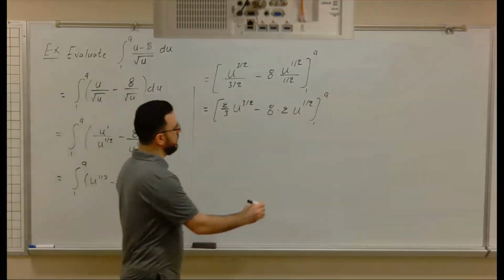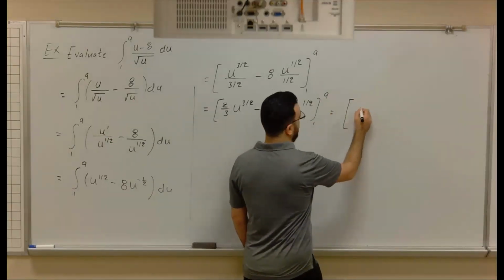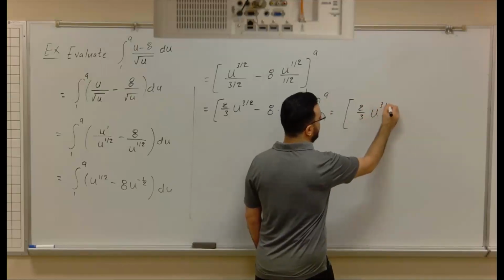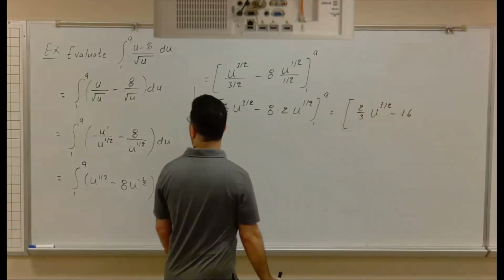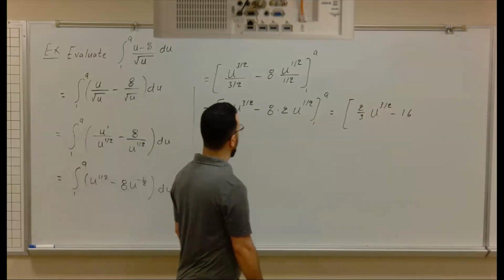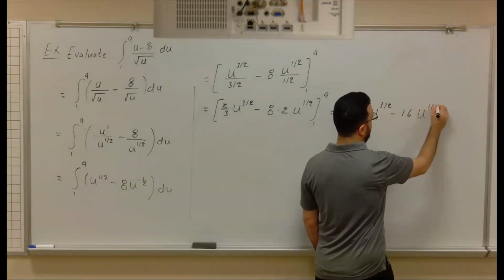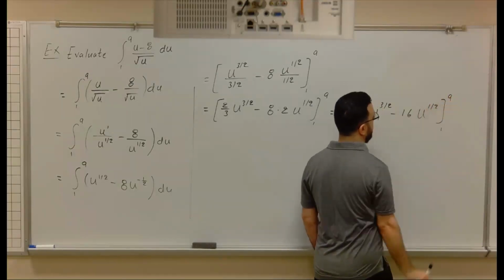That means this one is going to be equal to 2/3 u to the 3/2 minus 16 u to the half, from 1 to 9.